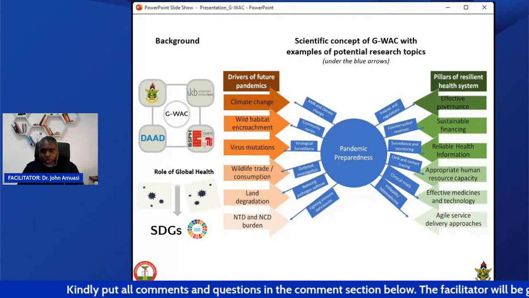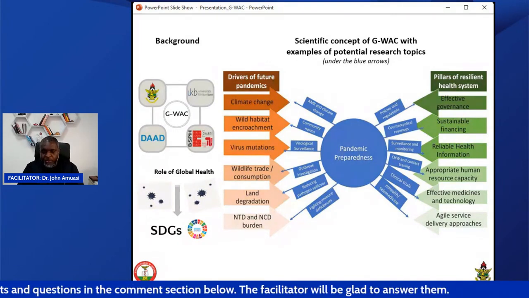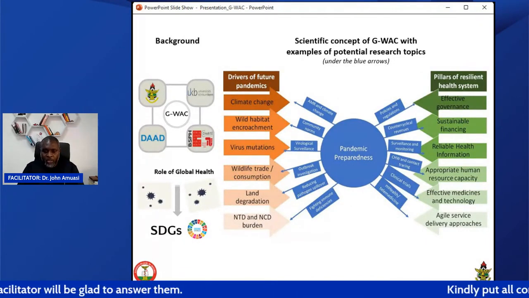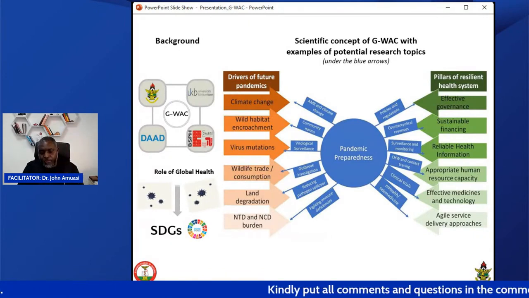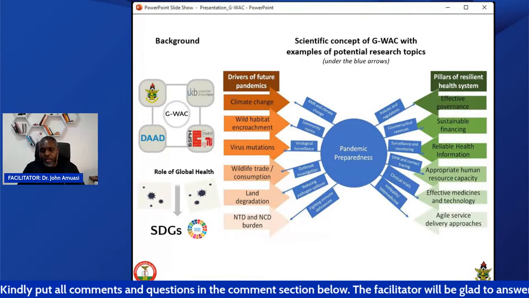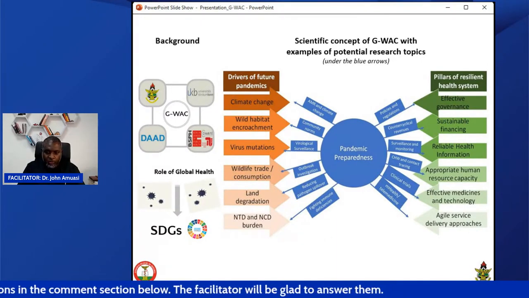At best, what we can do is to prepare for pandemics or prepare for spillovers in such a way that hopefully these spillovers do not turn into pandemics, and if they do, the measures can be put in place so that they do not have as heavy a negative impact as COVID did on the world.